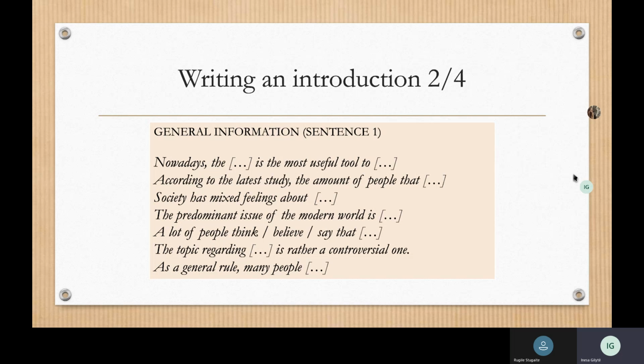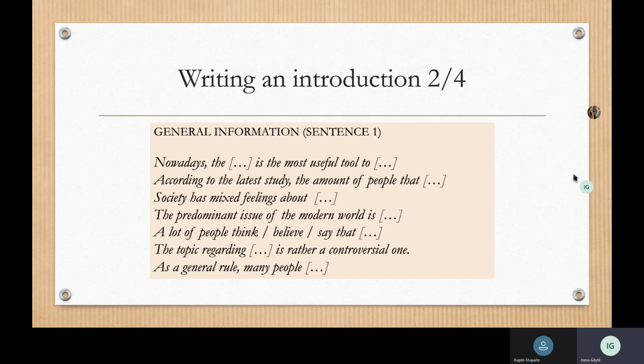But if you are an overall passionate person about certain things, and if the topic correlates with your interests, you can take this chance and cite something. Just really briefly, according to the latest this and that study, the amount of people that do this and that can be indicated, or you can use a certain percentage.